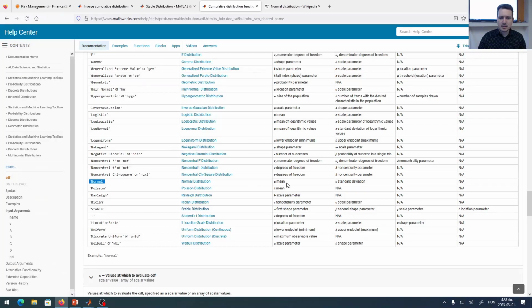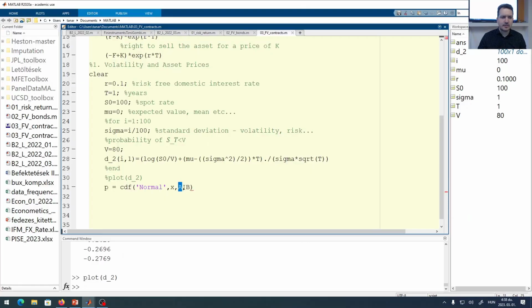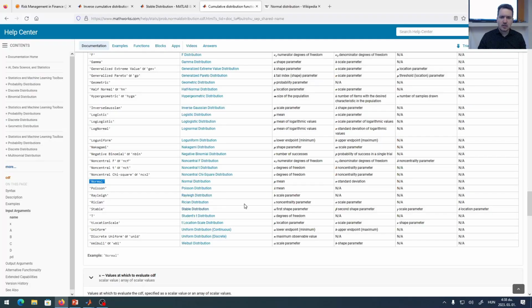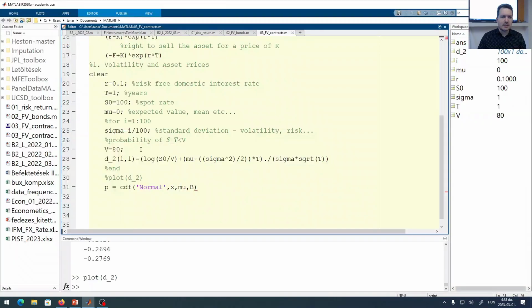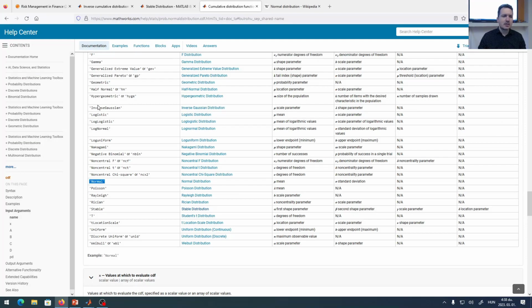A will be the mean, so this is the mu. And B will be sigma. If we are using different distributions, then we just have to change the name here, and also we have to add this kind of parameters.